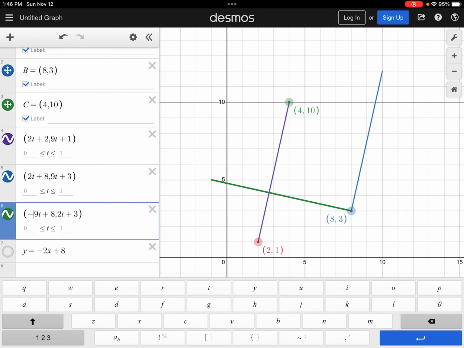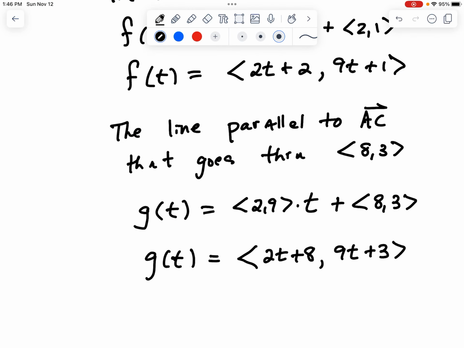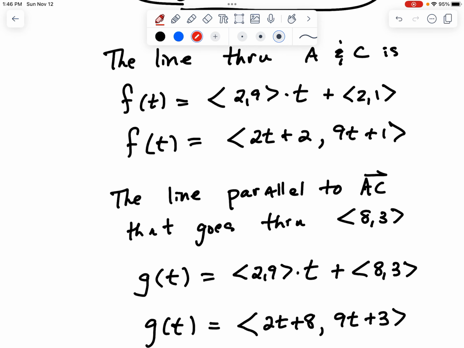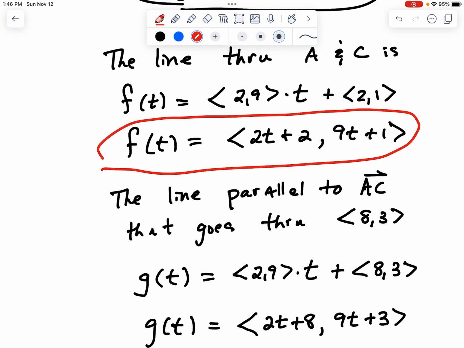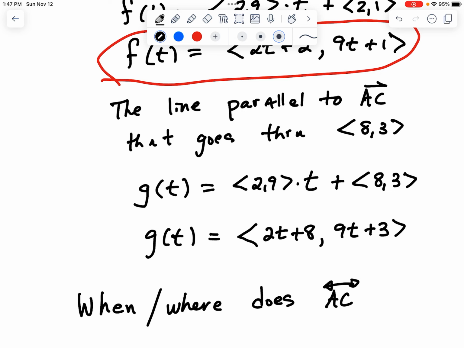Okay, then for the last one of this video, go back to my notes, and we've got this line right here. So that's the line that goes through AC. So the last question is, when and where does the line through AC, and so to say it's a line, just put arrows on both ends, or you could write out the word line.